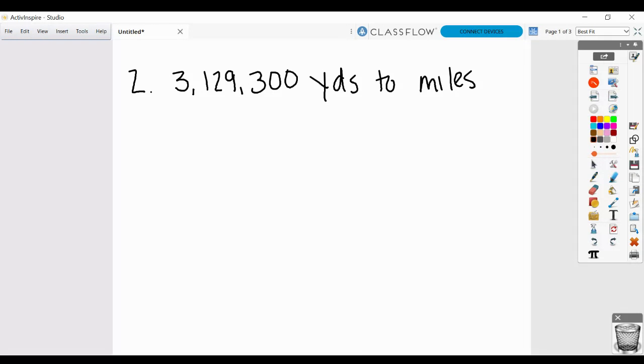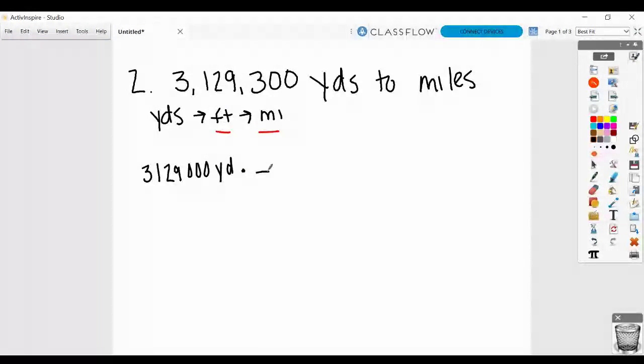So you may want to write this down and say yards can go to feet and then feet can go to miles. So that means that you're going to have two conversions. Okay, so 3,129,000 yards.